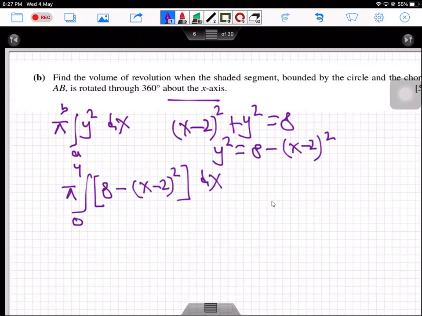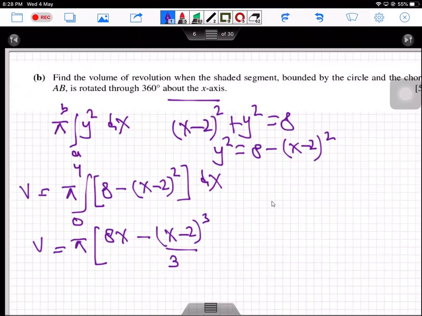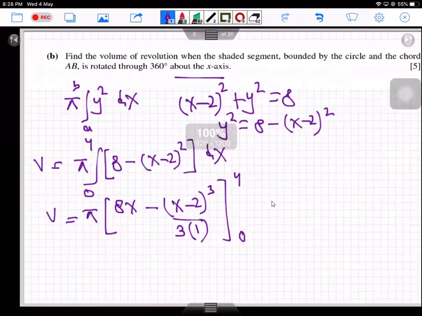So volume is equal to pi multiplied by [8x minus (x minus 2) whole cube divided by 3], and the denominator is multiplied with the derivative of this bracket, which is 1, with upper limit 4 and lower limit 0.